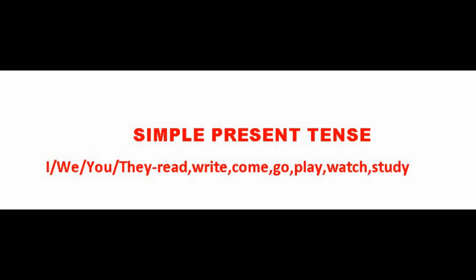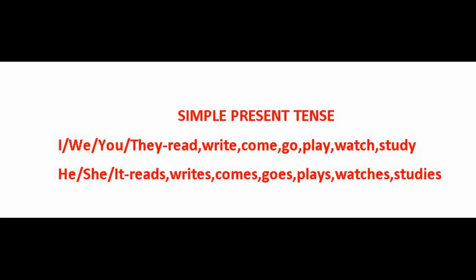Let's see the structure of simple present tense. For the subject pronouns I, we, you, they, we use the base form of the verbs such as read, write, come, go, play, watch, study. If the subject pronoun is singular like he, she, it, we add s to the base form of the verb: reads, writes, comes, goes, plays, watches, studies.